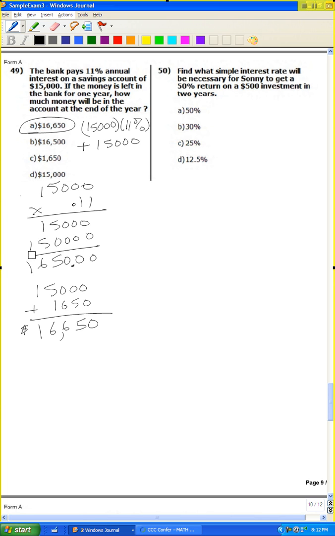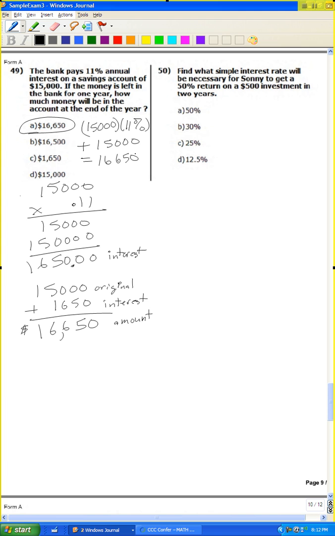That means that in the first year I made $1,650, and so in my account there's the original $15,000 plus the $1,650 that I made from interest. So this is my interest, and this is my original. Plus your interest is the amount you actually have in the account. Any questions about that?